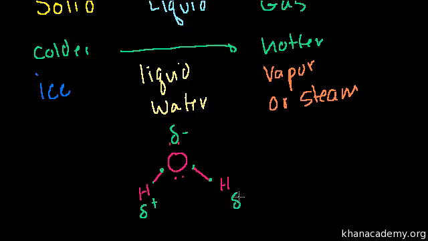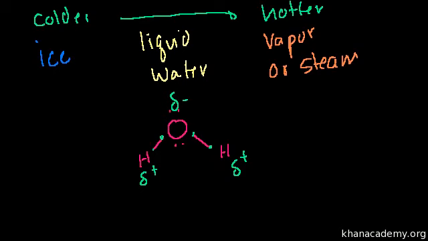Right there, slightly positive. Now, if these molecules have very little kinetic energy, they're not moving around a whole lot, then the positive sides of the hydrogens are very attracted to the negative sides of oxygen in other molecules. So let me draw some more molecules.